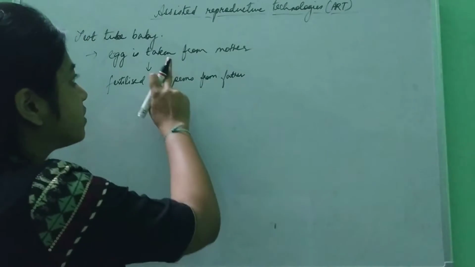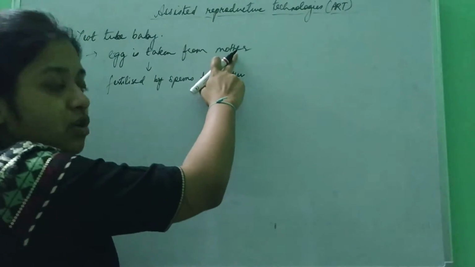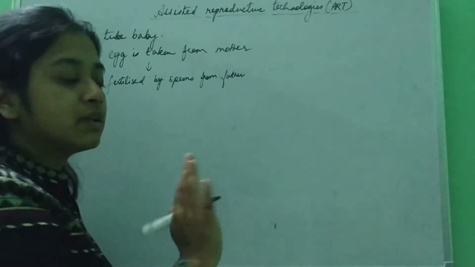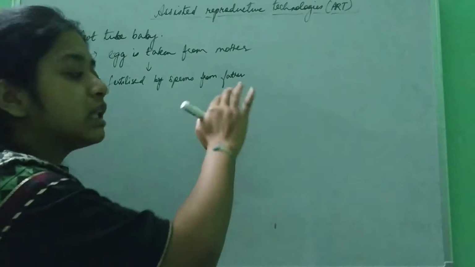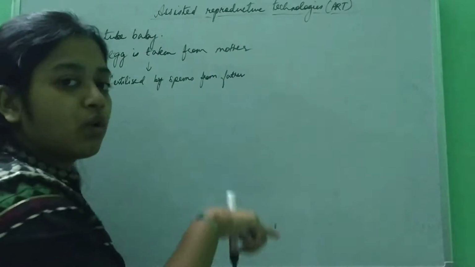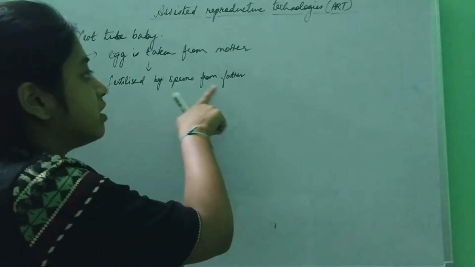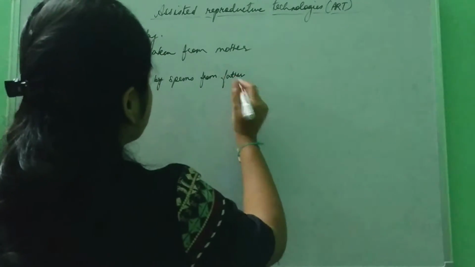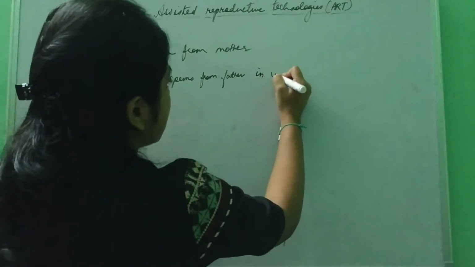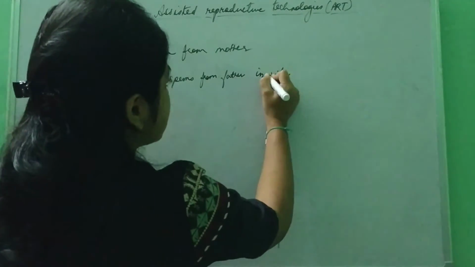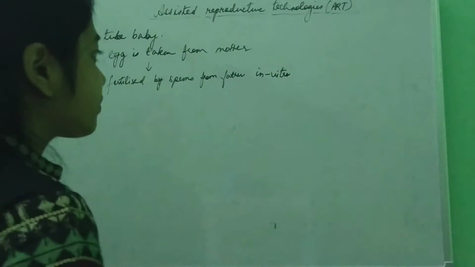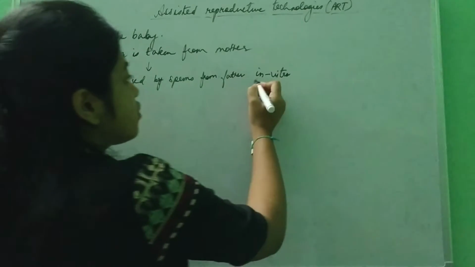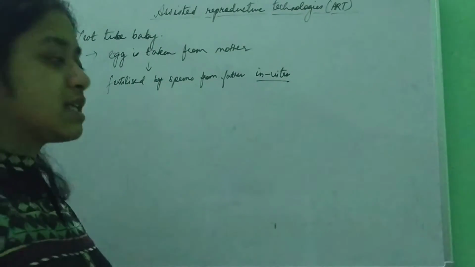If the husband of this lady is sterile or cannot assist in producing the baby, then this person will need a donor, and that donor will give the sperms. These sperms are fertilized with the egg in vitro. In vitro means outside the body, in the lab, giving the same conditions.